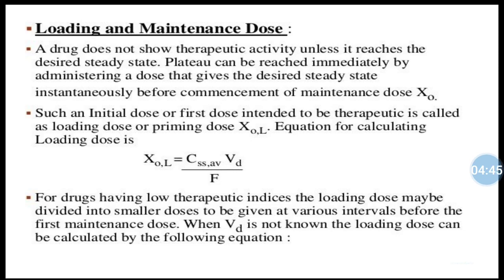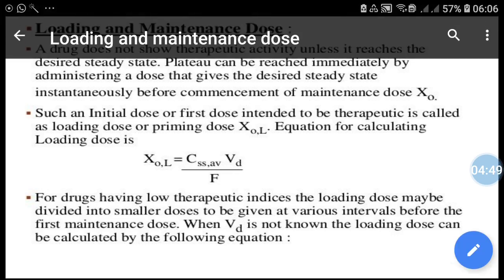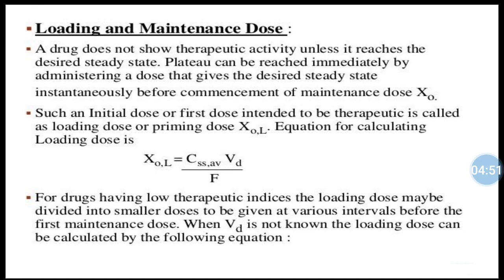Phenytoin is an example of such a case. It has an exceptionally high value of the loading dose which cannot be given at once, otherwise it will shoot up to the toxic level and may show adverse drug reactions. So the modified release dosage form of phenytoin will not have any loading dose.